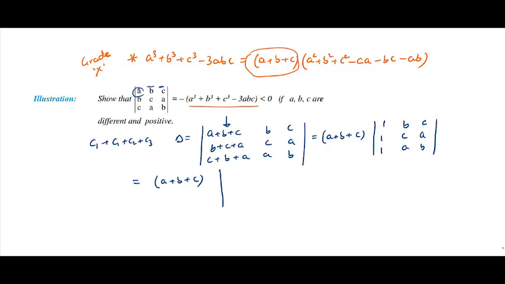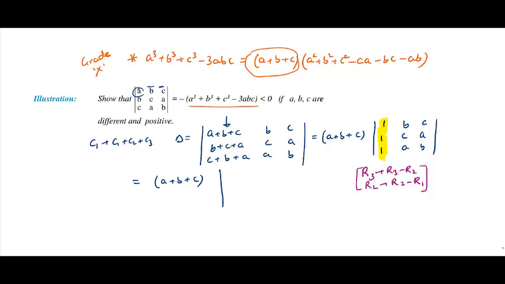Now as in the previous question, since we have 3 identical elements in the first column, we immediately go for our old transformations, which were R3 is R3 minus R2 and R2 is R2 minus R1. So we use these 2 transformations simultaneously. So let's see what happens.